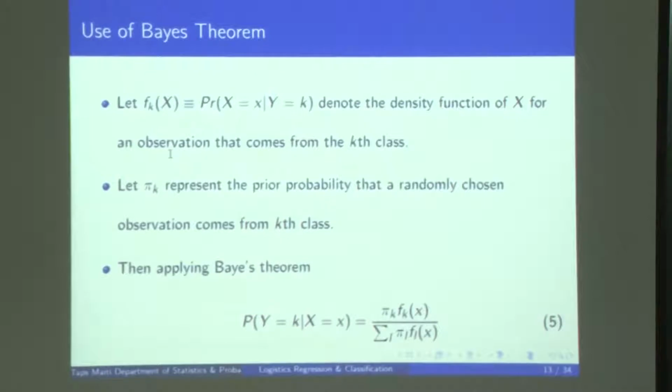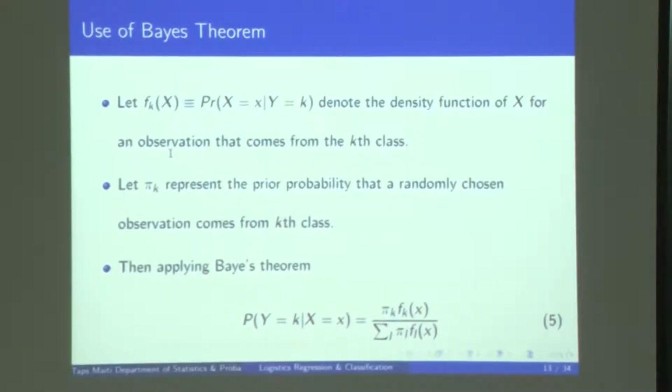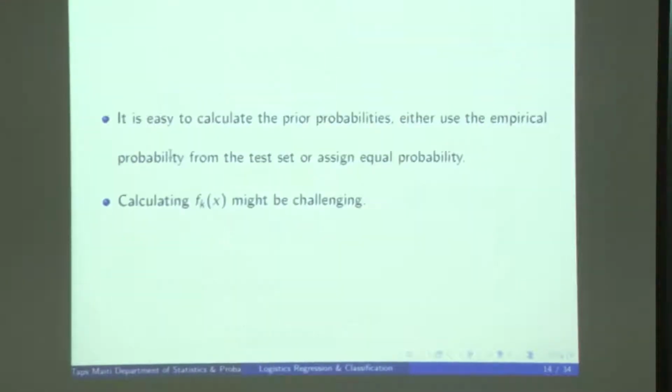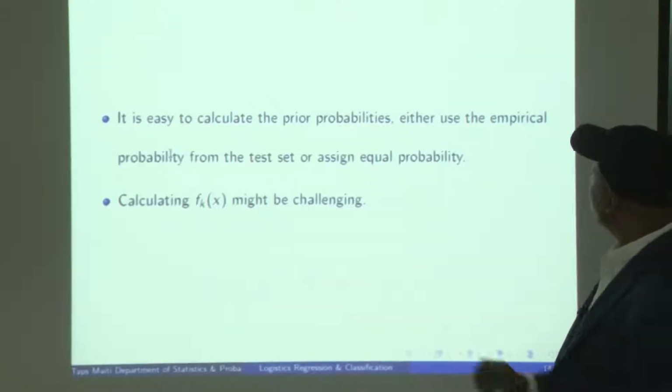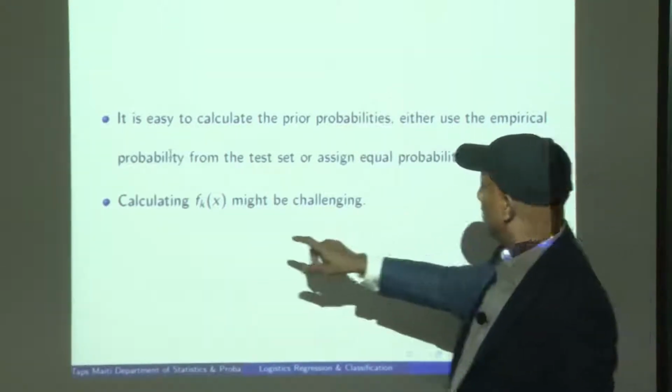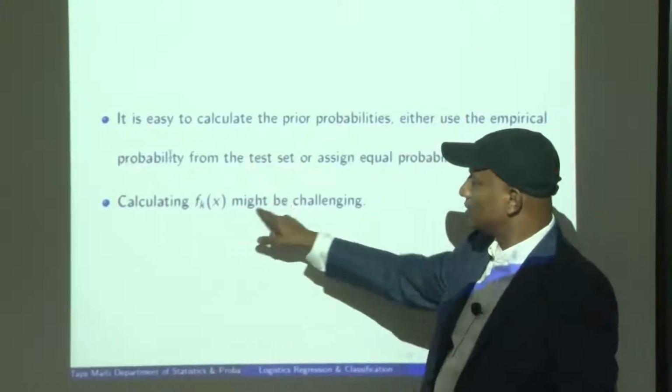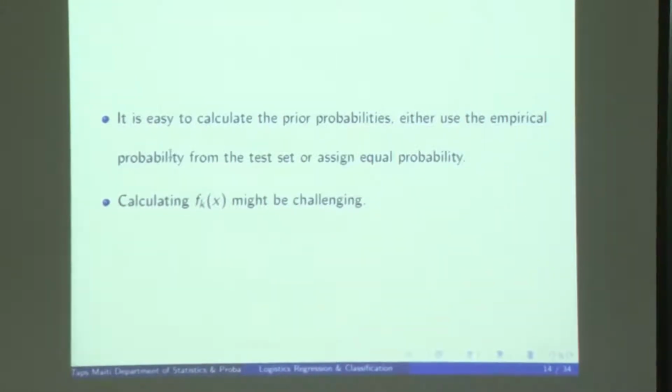So you already know the logistic classifier and the Bayes classifier, which I won't talk much about because we don't really use it. LDA would be using the Bayes classifier. Coming back, this could be challenging, definitely. But if it is normal, probably it should be okay.